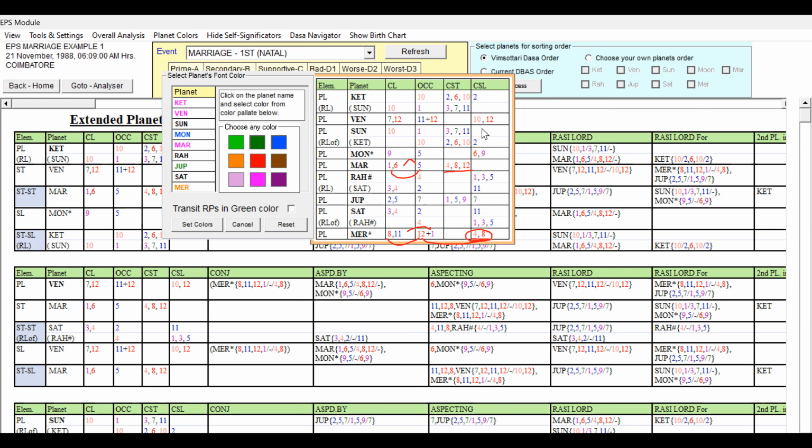So the importance of self-signification study is to be understood, and you have to get practiced well. Because if you are not able to judge a planet in self-signification, then you will find difficulty in finding the planets at all levels, in the combined level study.